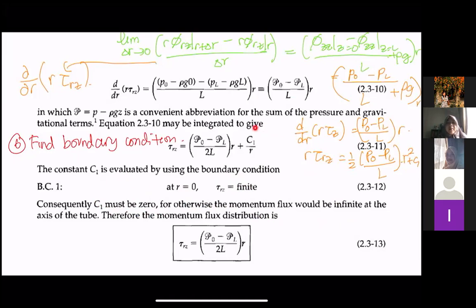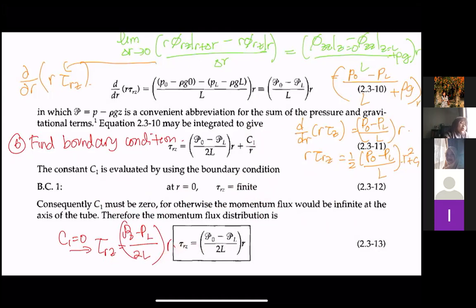If we have a value for C1, the momentum flux would be infinite at the axis of the tube. So now we have C1 equal to 0, then we have the equation tau rz equal to P0 minus PL per 2L divided by R.